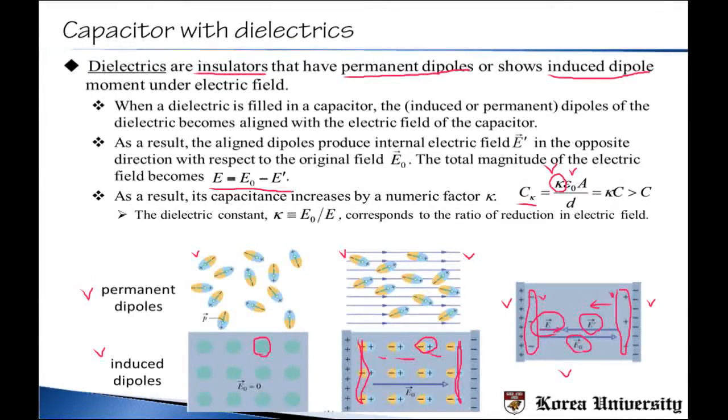If this constant kappa is larger than 1, then we will have effectively a larger capacitance, and this kappa is in fact the ratio between the original electric field and the final electric field. If you look at this figure, the final total electric field will be smaller than the original electric field, so you can see that kappa always has to be larger than 1. That is why we can increase the capacitance by using dielectrics.